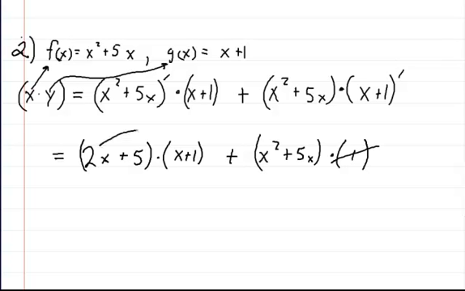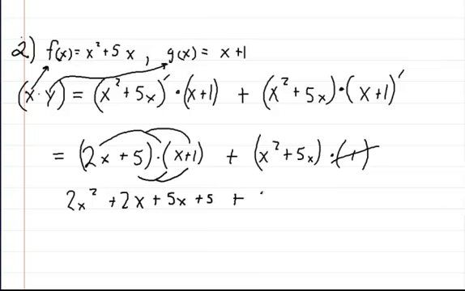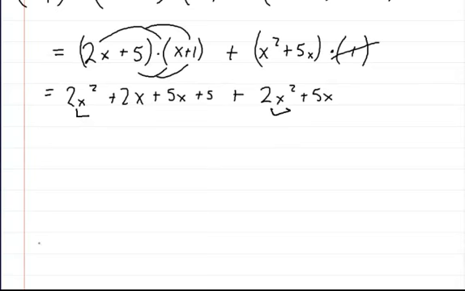So let's multiply the 2x into here and into there, and that gives you 2x squared plus 2x. Then the 5 will go into there and there, which gives you plus 5x plus 5. Plus 2x squared plus 5x. So then we're just going to combine terms. We're going to combine the x squareds. So you have 2x squared plus 2x squared, which is going to give you 4x squared. Now let's combine all the x's.